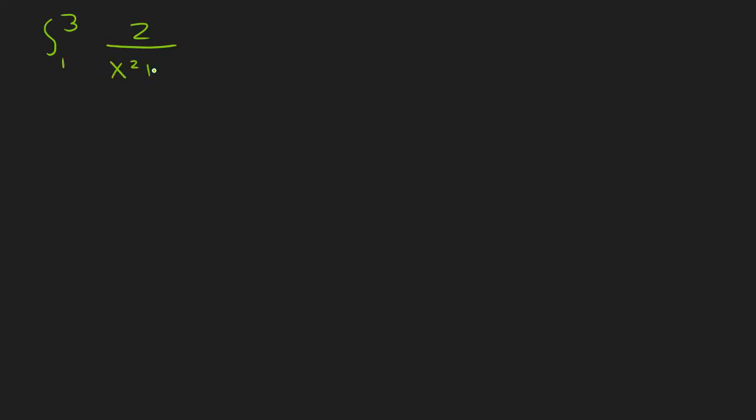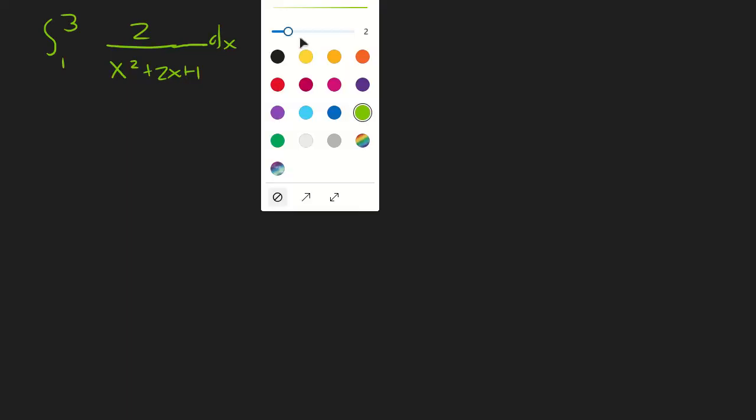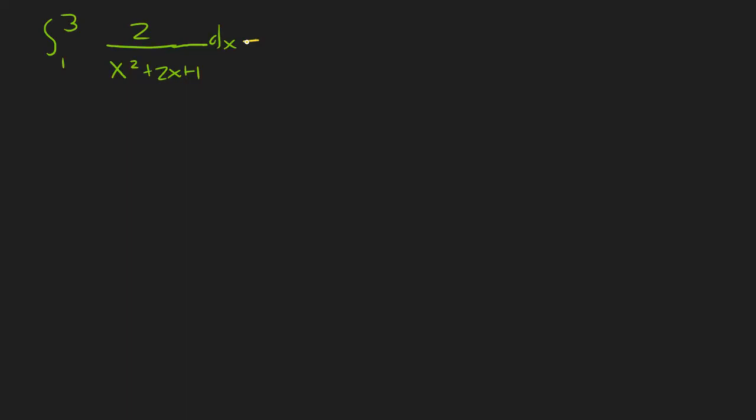Well, I know that the denominator has to be rewritten. We can rewrite the denominator, so we have 2 over x plus 1 to the second power, and this is dx. But what would you do to solve this? You would say that u equals x plus 1, and du equals dx.